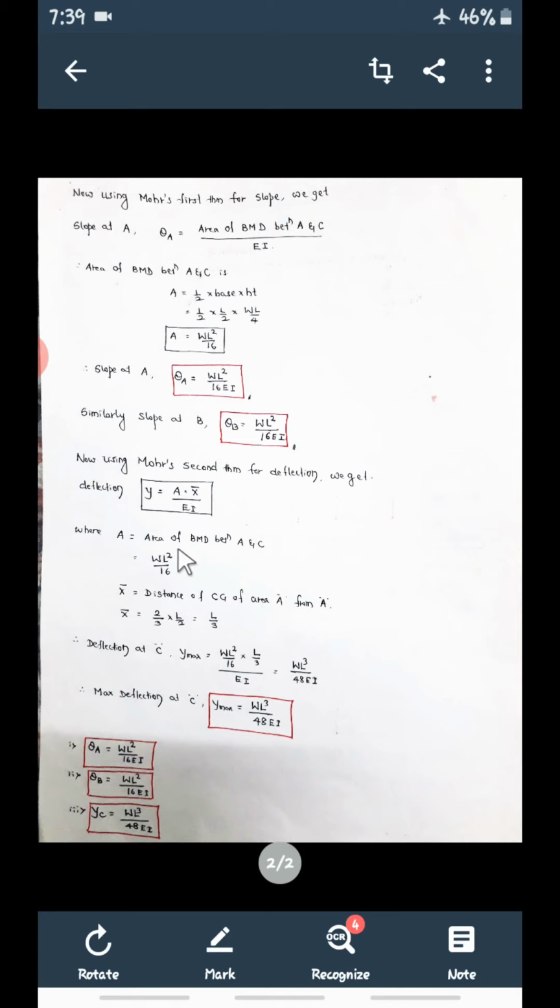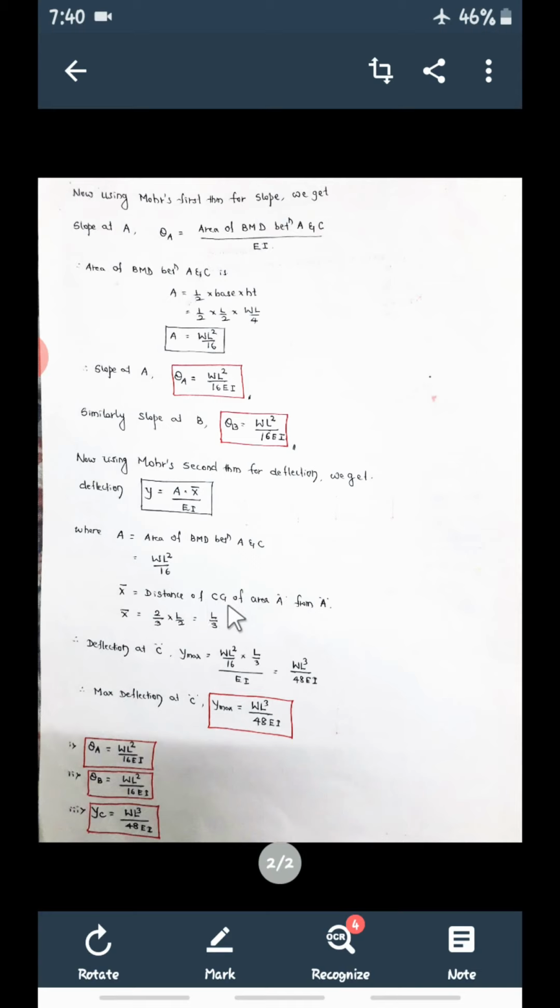Capital A is the area of the bending moment diagram between A and C, and we have already calculated this area as WL square by 16. Then what is x bar? x bar is nothing but the distance of the CG.